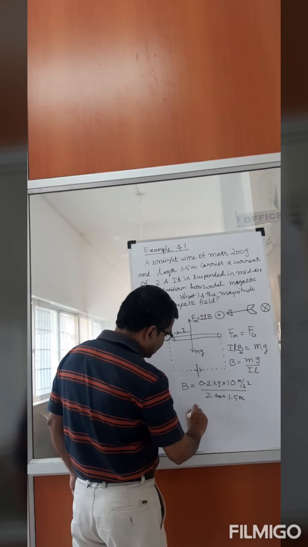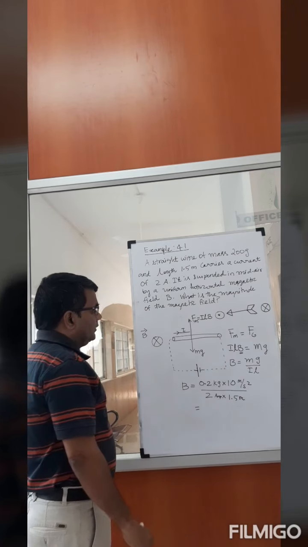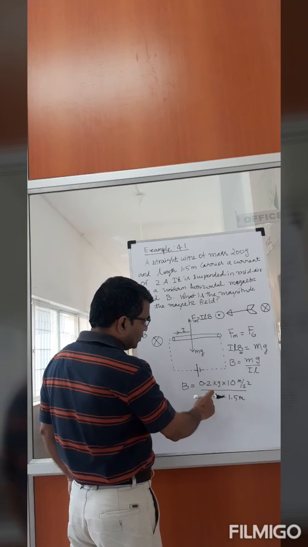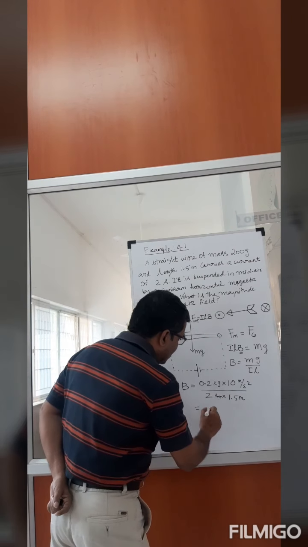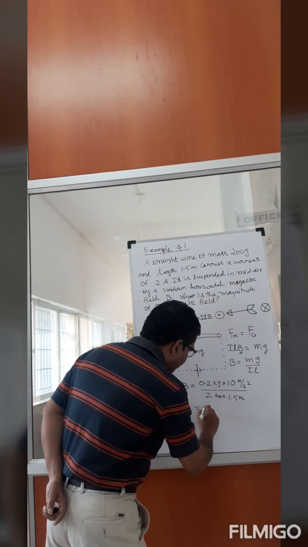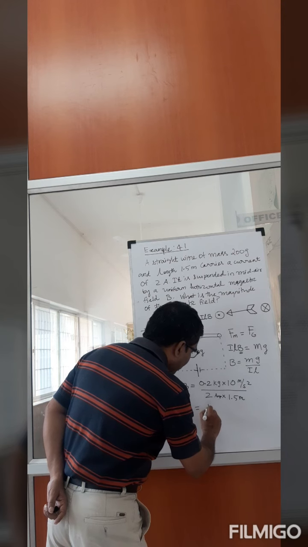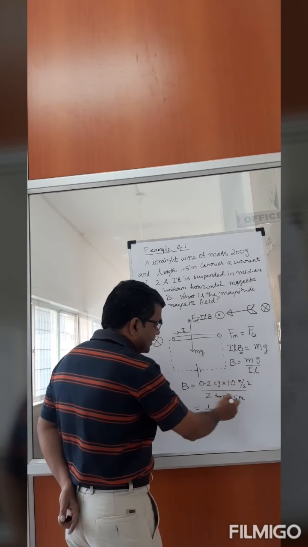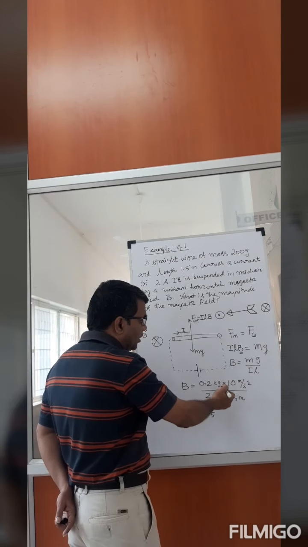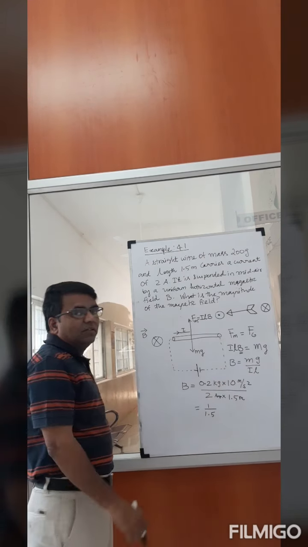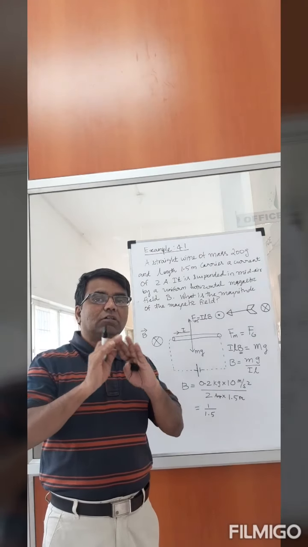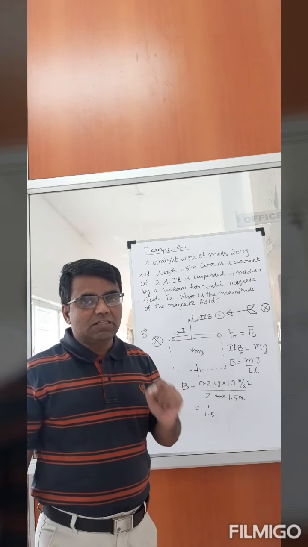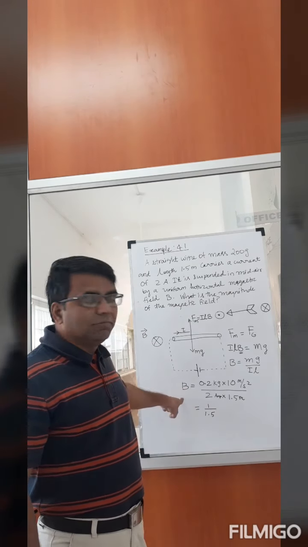So if I come to this, then this will be 0.2 into 10, 2 will cancel. So I'll have 1 by 1.5, and then all these units will be present, and I would call these units collectively as Tesla, because Tesla is a unit for the magnetic field.